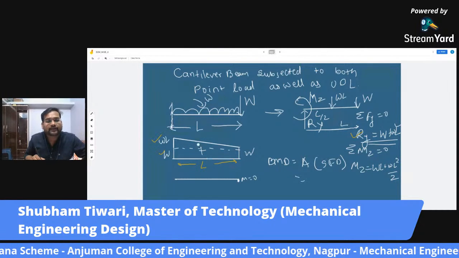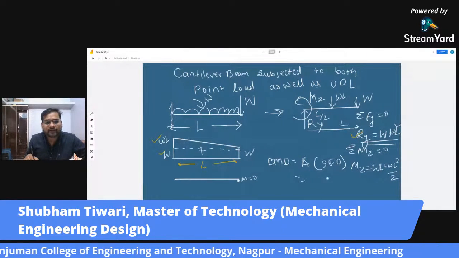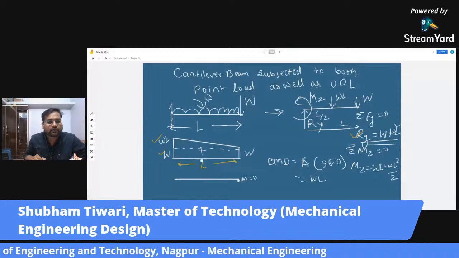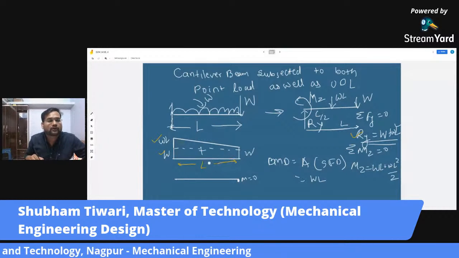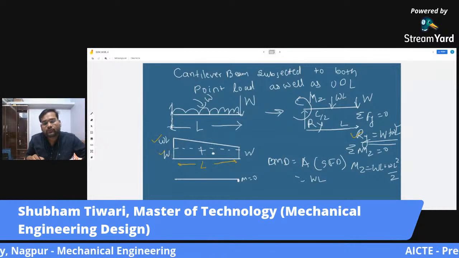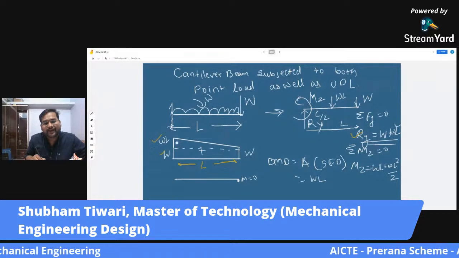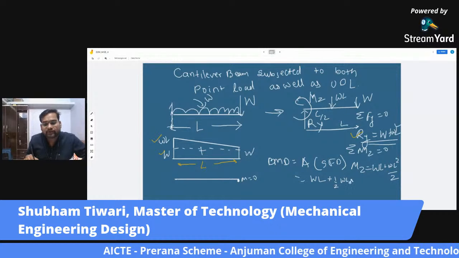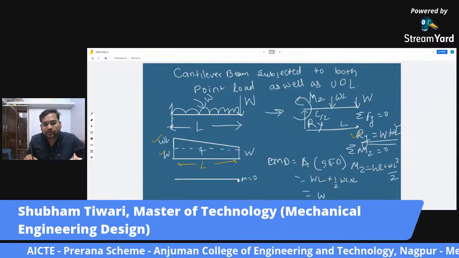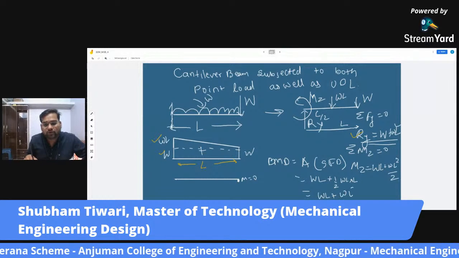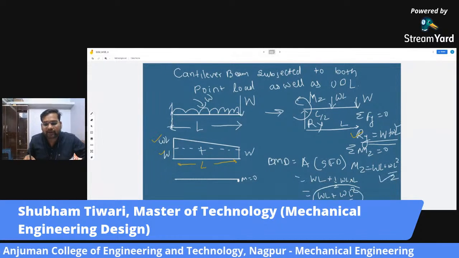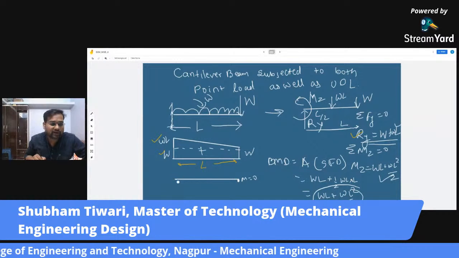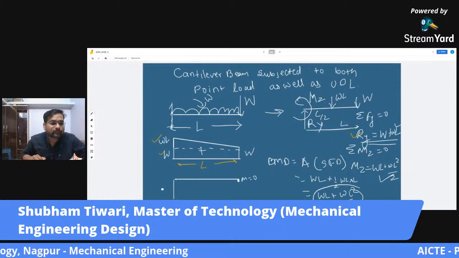One is a rectangle and the other one is a triangle. For the rectangle, the area is W into L, width into height. And for this triangle, we have the equation half into WL into L. So the equation becomes WL plus WL square by 2, which is similar to this value. So that means our diagram and our calculation are going to be correct.